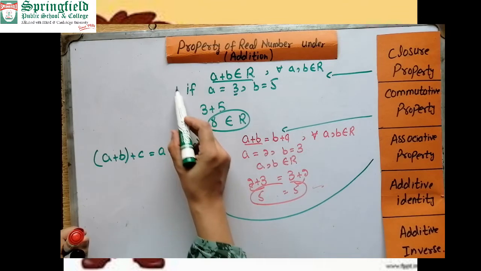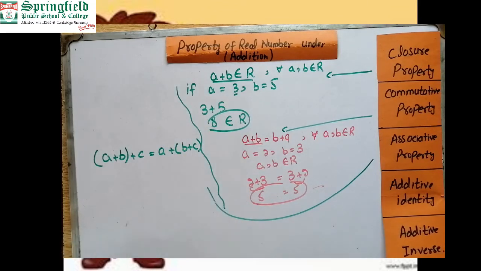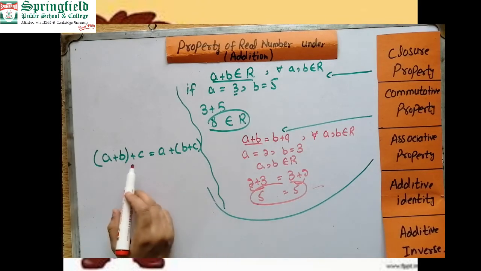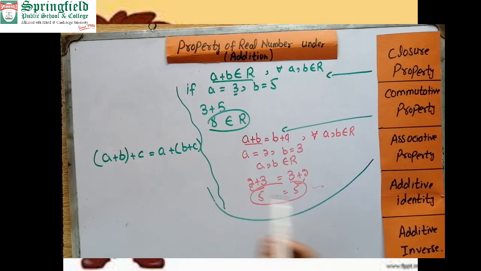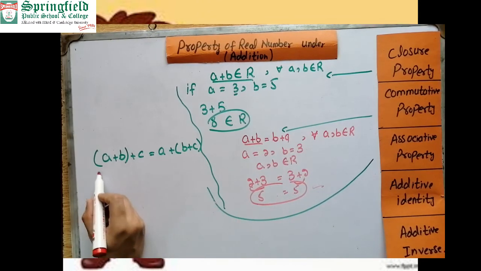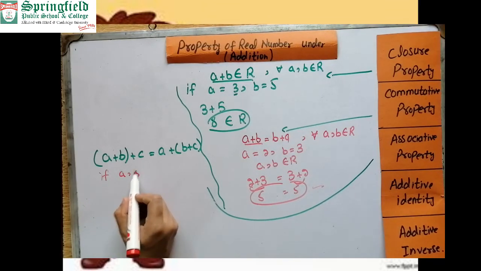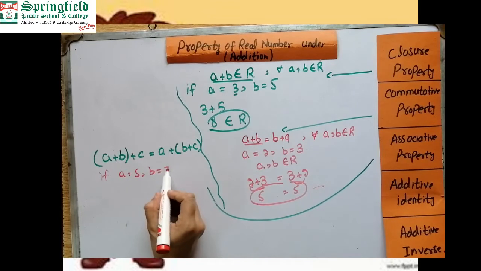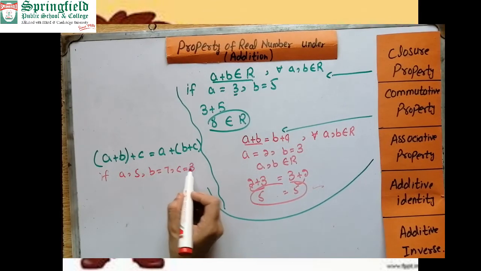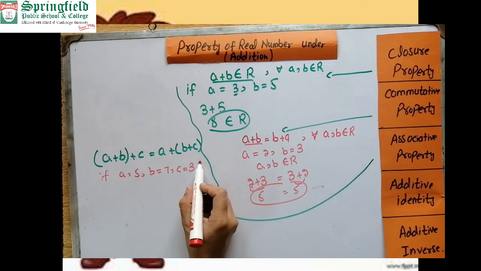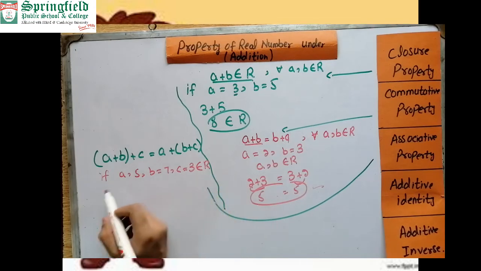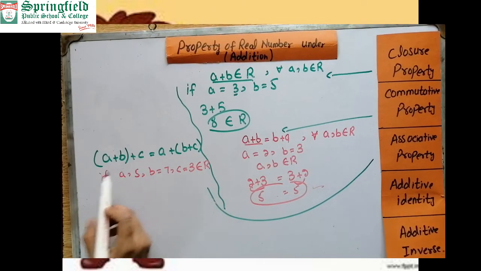When A, B, C belong to real numbers, this property is called the associative property. We can prove it: if A is equal to 5, B is equal to 7 and C is equal to 3, and all three numbers belong to real numbers.